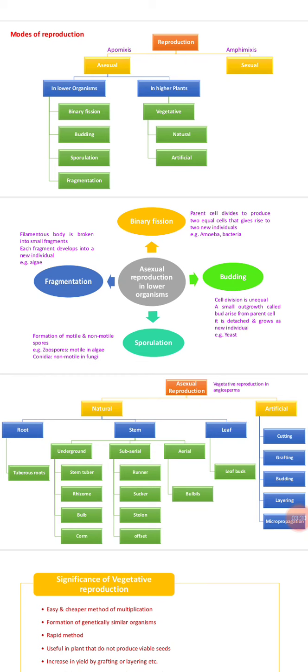Among them, the fragmentation process takes place by certain external factors. If the algae body gets divided into fragments, then each and every fragment has the capacity to live its life as an individual. That is why it is called fragmentation.